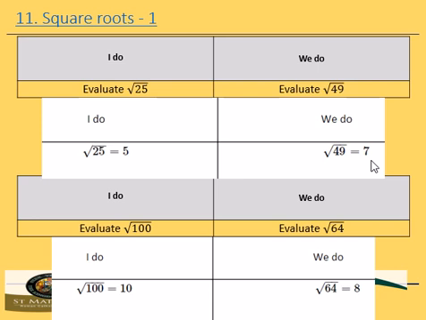So square root of 49 equals 7, working backwards. And square root of 64, well, 8 times 8 equals 64, or 8 squared equals 64. So the square root of 64 is 8. Give yourself a tick in green pen if you got that right. If you didn't get it right, that's okay. Just make sure to write down the correct solutions in green pen, please.